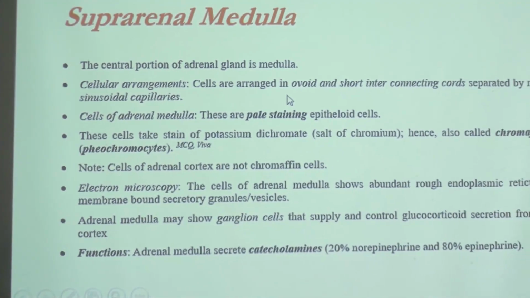Then we have the medulla, which makes up 10% of the gland. The cells present here we call chromaffin cells, also known as pheochromocytes. These cells in the medulla come from the neural crest cells.